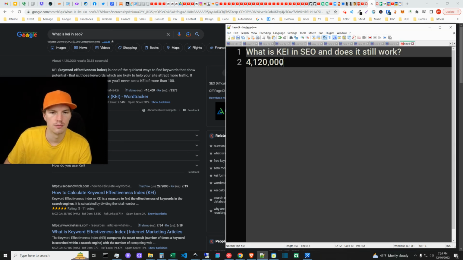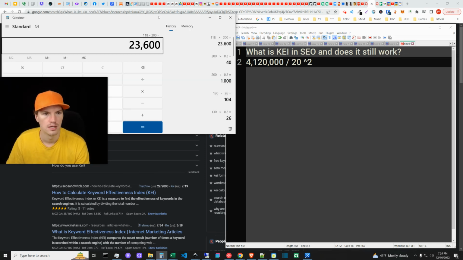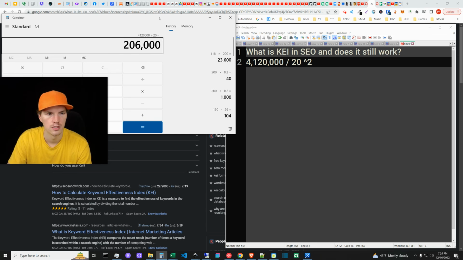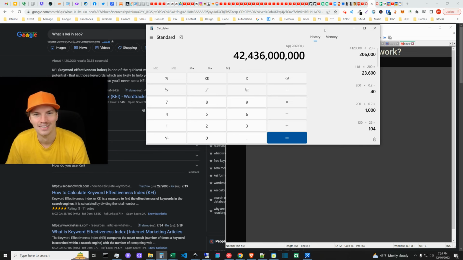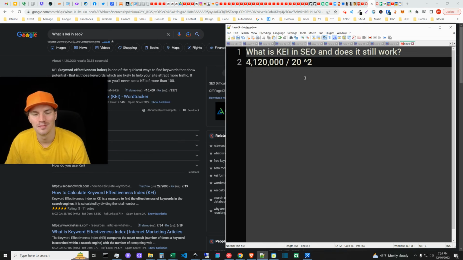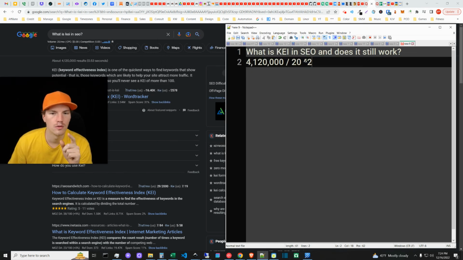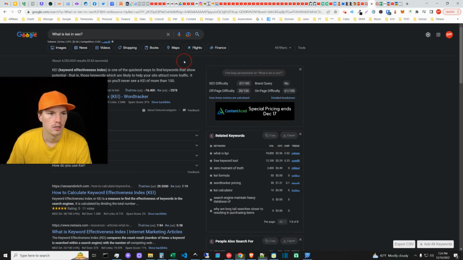So we would take this number divided by 20, and it's supposed to be to the power of 2, I believe, and that's supposed to give KEI. Maybe not, but something along those lines. It might not be the whole number to the power of 2; it might be the searches to the power of 2.